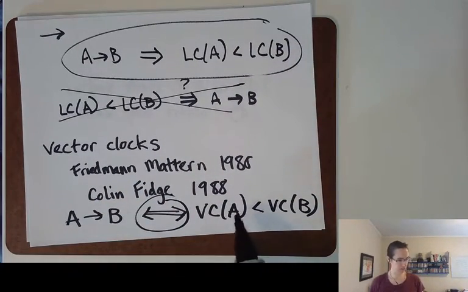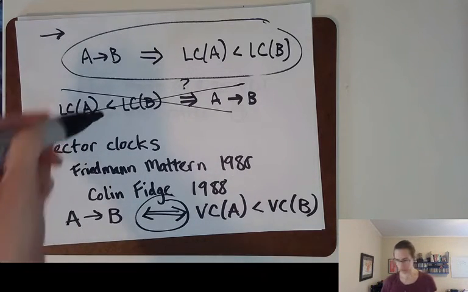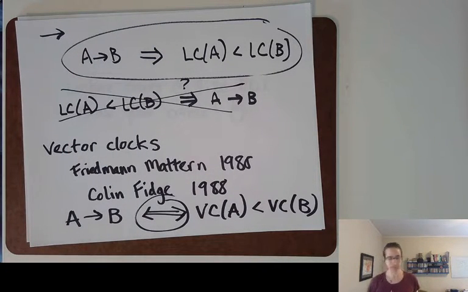If the vector clock of A is less than the vector clock of B, then you know A happens before B. So with vector clocks, we have both directions of this implication. It's if and only if, not just if, like it was for Lamport clocks. This is huge because it means that vector clocks, like Lamport clocks, are consistent with causality, but unlike Lamport clocks, they characterize causality.